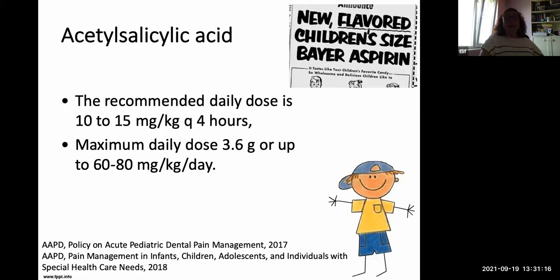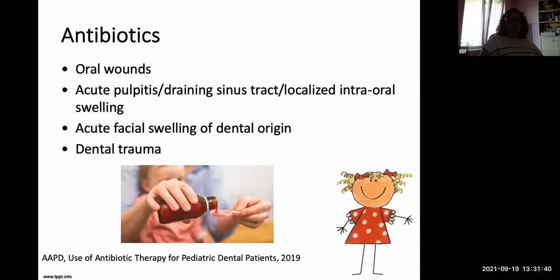But it should be kept in mind that it might cause Reye's syndrome in children. So its prescription is not recommended in emergency patients because it might cause Reye's syndrome in some viral infections. So we should be cautious about its prescription.